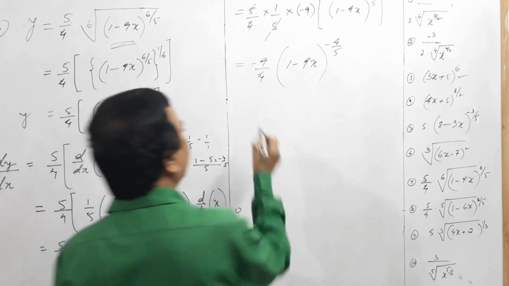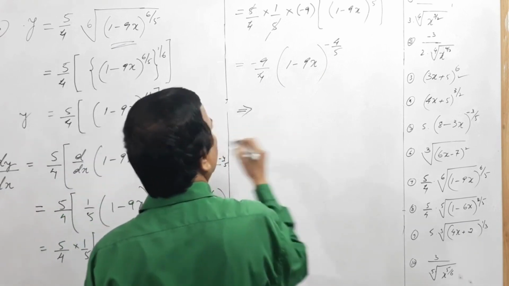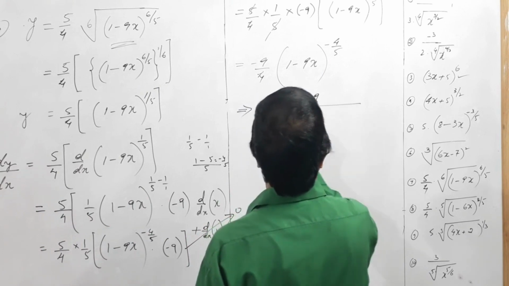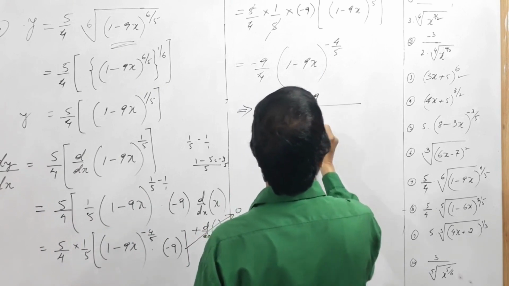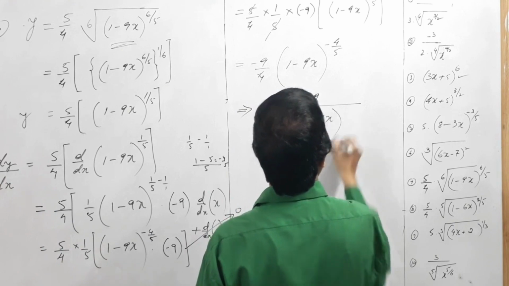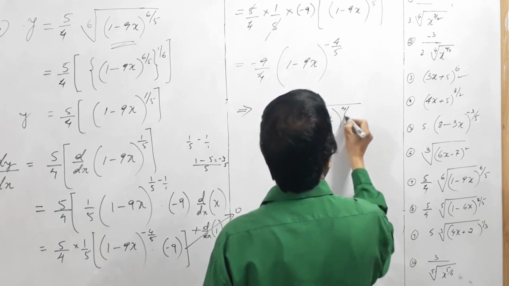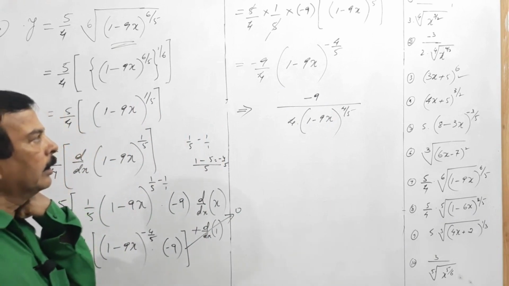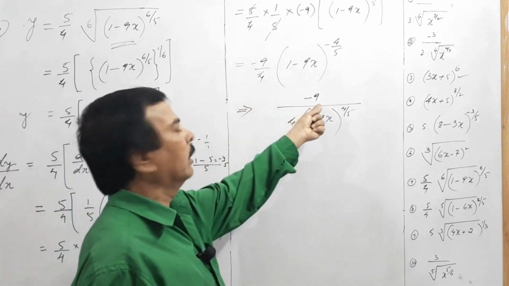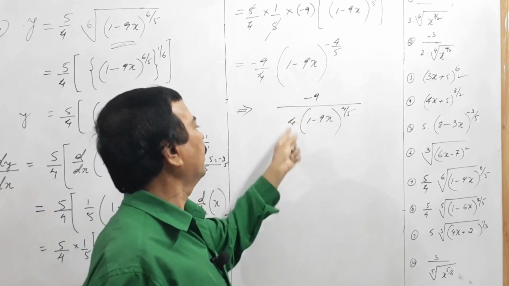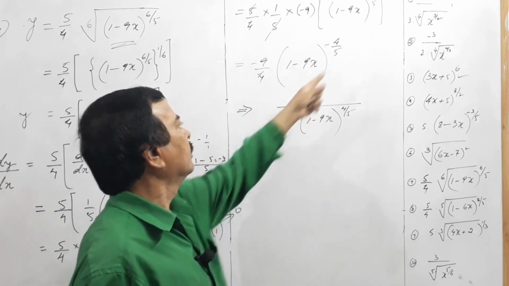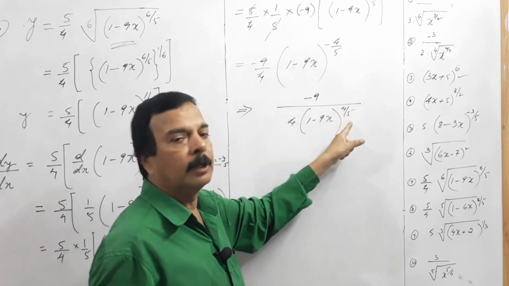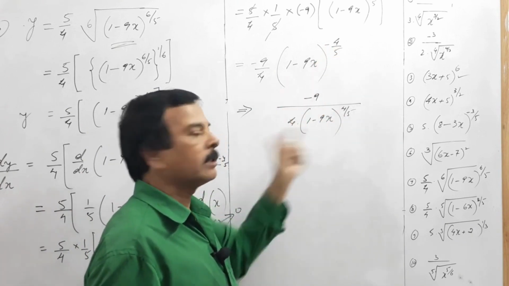Further we can simplify this. This becomes minus 9 by 4 into 1 minus 9x to the power of 4 by 5. Done? Okay. So this minus 9 by 4 has come to the denominator, so this becomes positive because minus 4 by 5 becomes plus 4 by 5, and this power has come to this.